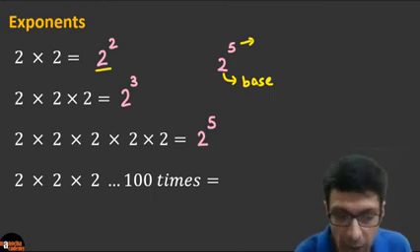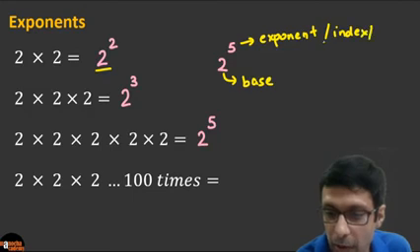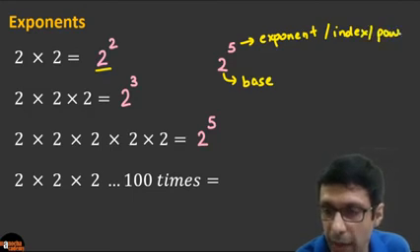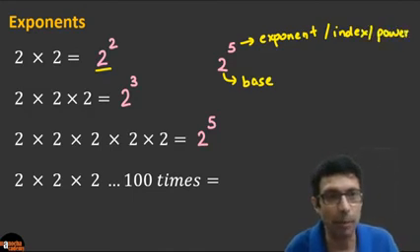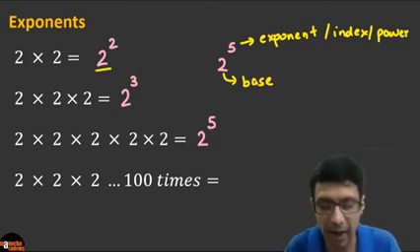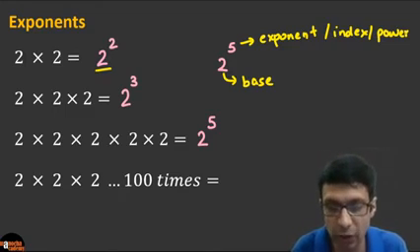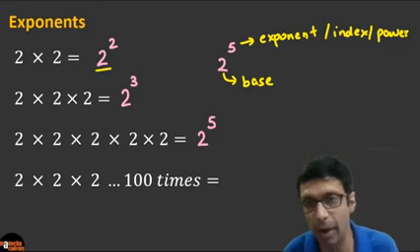Come on. So 5 is known as the exponent, or it's also called the index, or simply we call it the power, right? So these are the terms used. The number is called the exponent, the index or the power, and 2 is called the base here. So we say 2 raised to the power 2, 2 raised to the power 3, or 2 raised to the power 5.